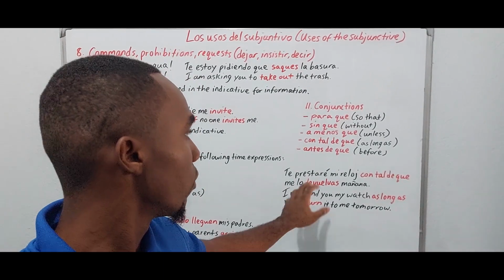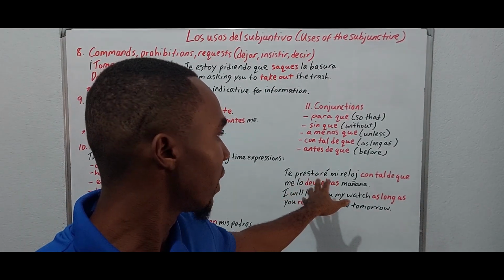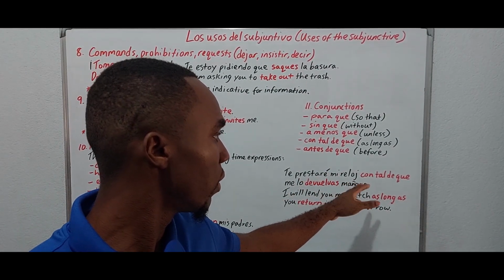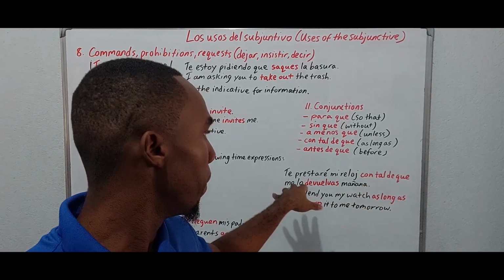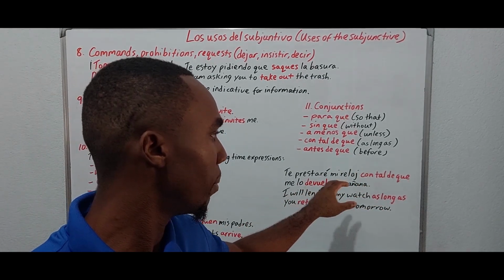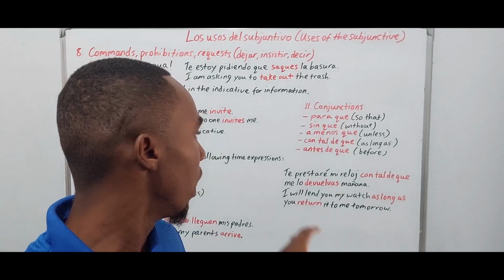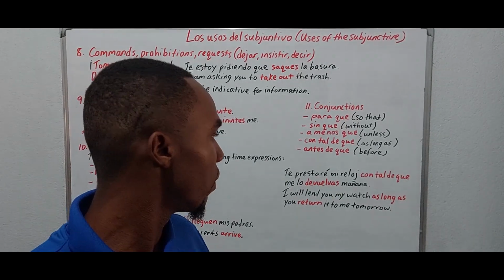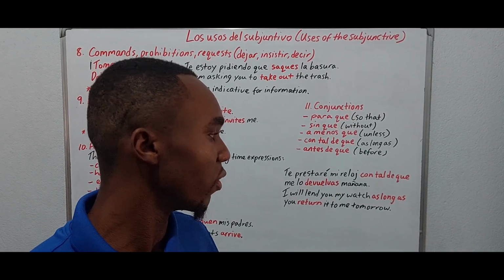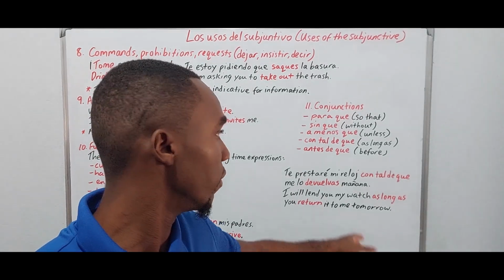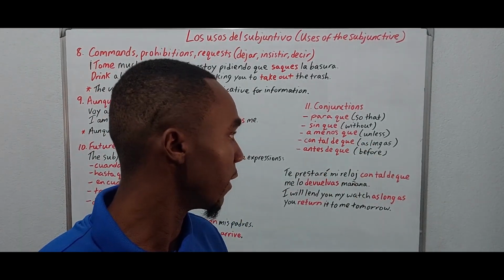Okay? So for example, te prestaré mi reloj con tal de que me lo devuelvas mañana. I will lend you my watch as long as you return it to me tomorrow. So that's a condition. I used con tal de que.